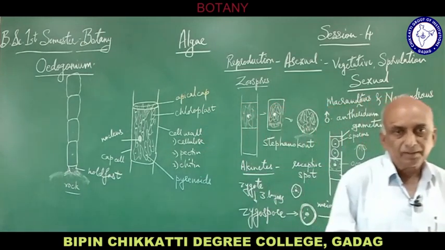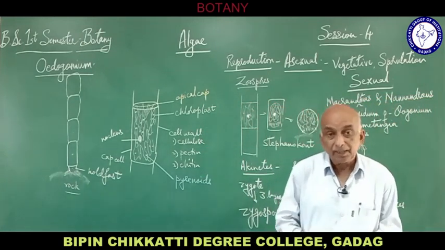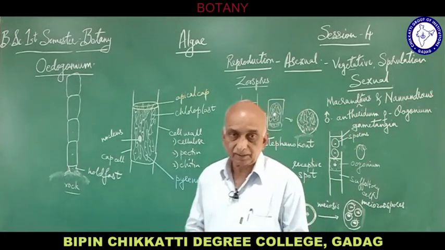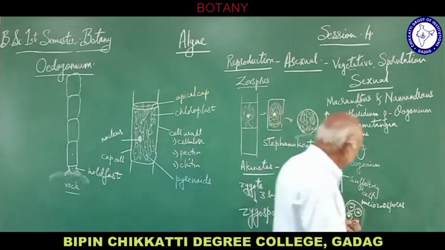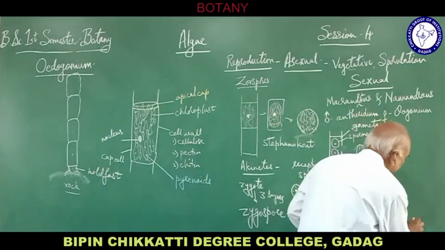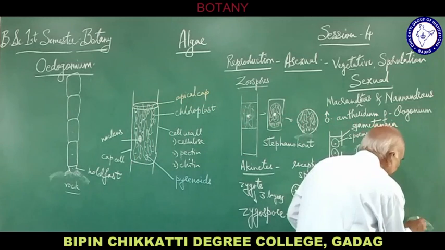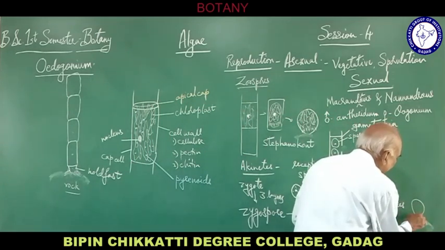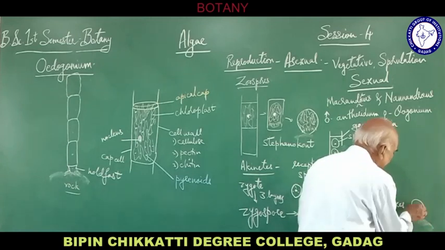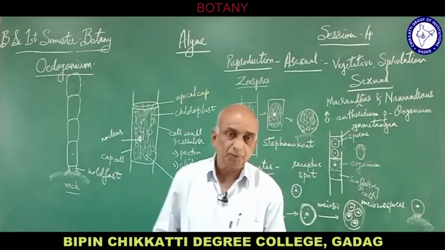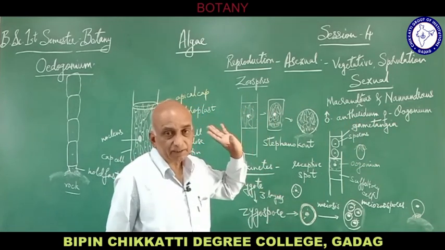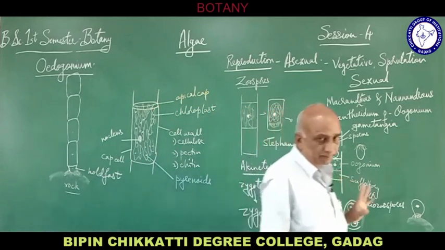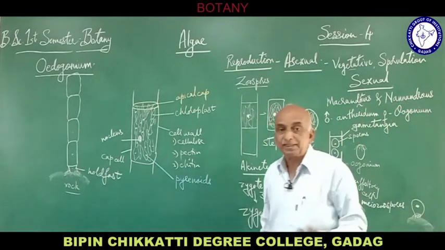They remain motile and move towards favorable places, and then they become attached to any hard substratum. Suppose this is the meiospore, so these are the flagella which are present, and this is the cell, same as that of the zoospores. In asexual reproduction we just mentioned zoospores, which are also multiflagellate.